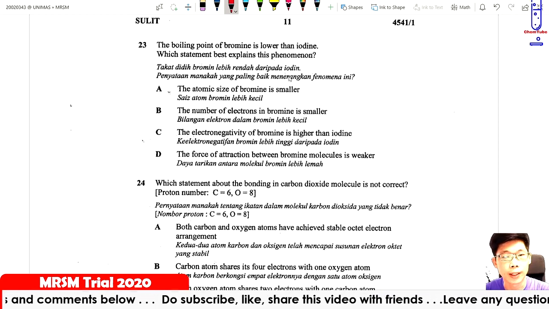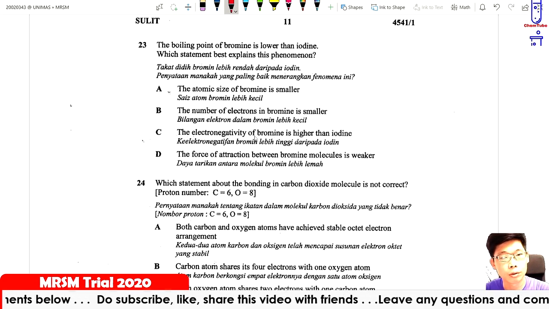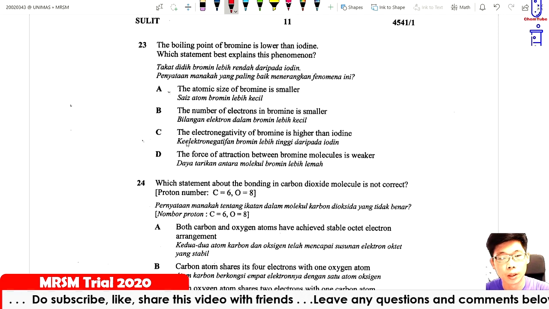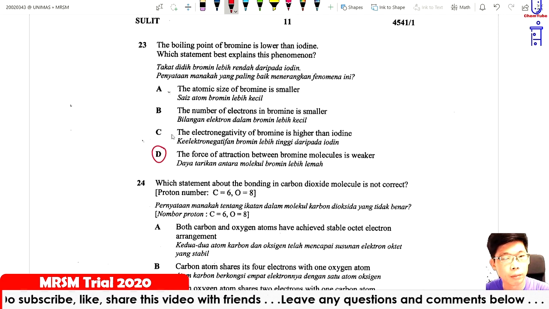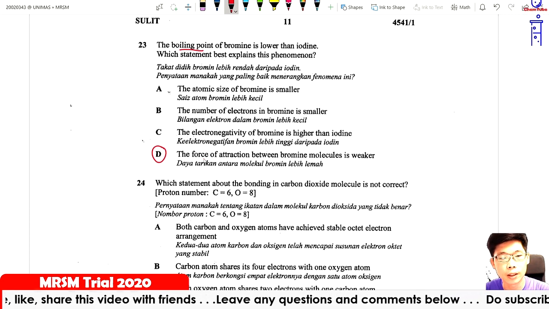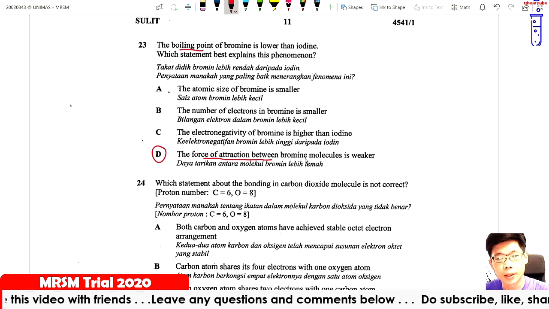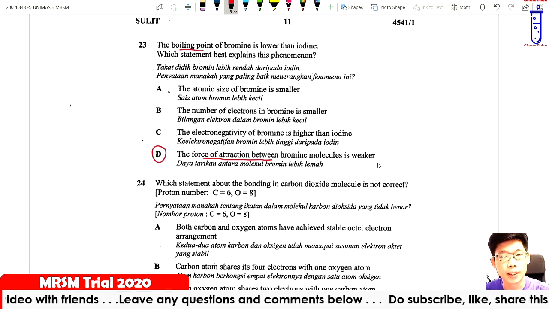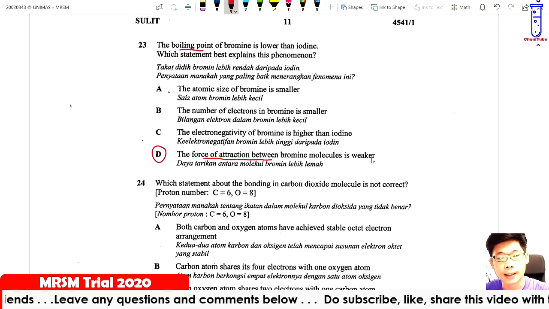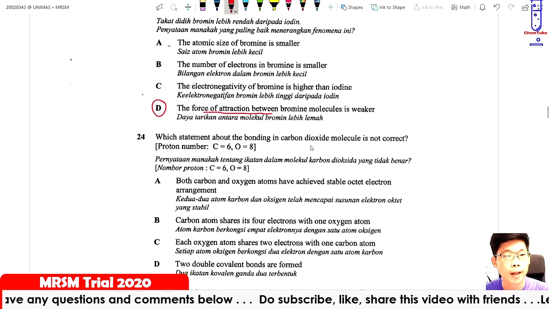Electrons are not related to boiling point. Electronegativity is also related to reactivity. No. Boiling point we relate using the force of attraction. If the force of attraction between the bromine molecules is weaker, it means less heat is needed to overcome the force of attraction. So D is the answer.